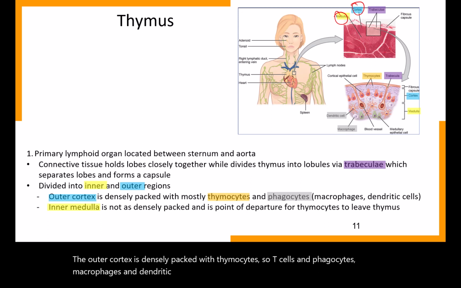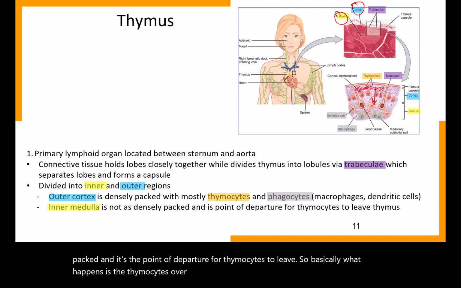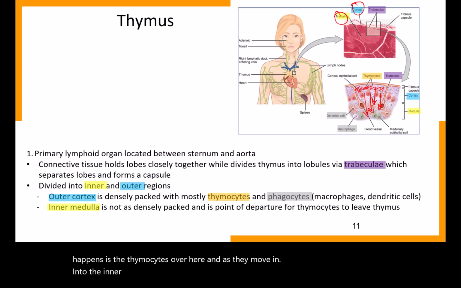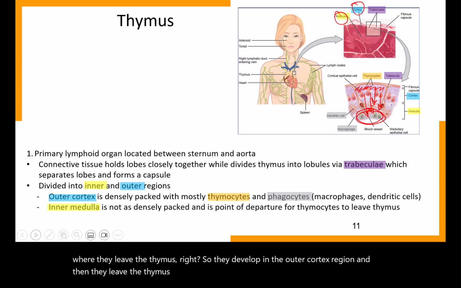The inner part, the medulla, is not as densely packed, and it's the point of departure for thymocytes to leave. As they move into the inner medulla portion, you can see that's where the blood vessels are. So this is where they leave the thymus, right? They develop in the outer cortex region, and then they leave the thymus from the inner medulla region.